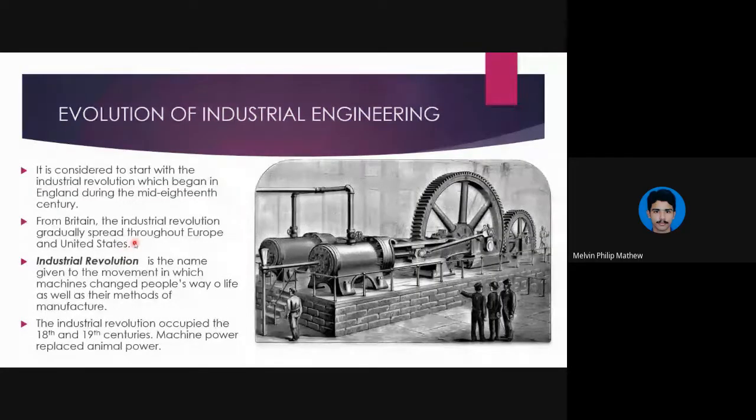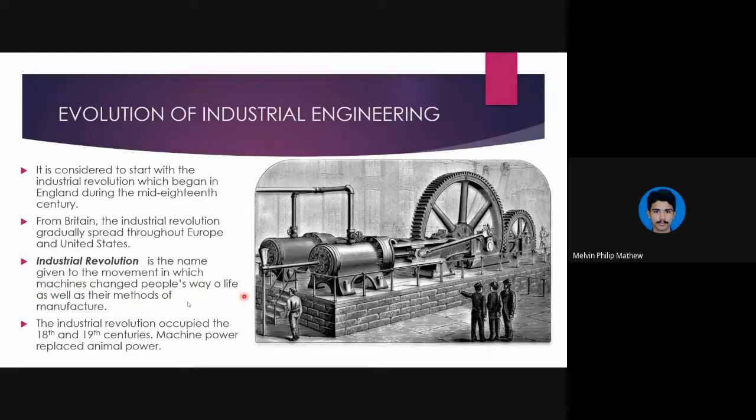Okay. So, what is basically the industrial revolution? It is the name given to the moment in which machines changed people's way of life as well as their methods of manufacturing. So the industrial revolution occurred by changing people's way of life by using machines.